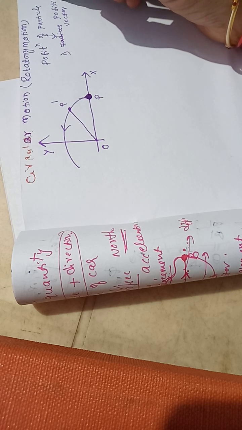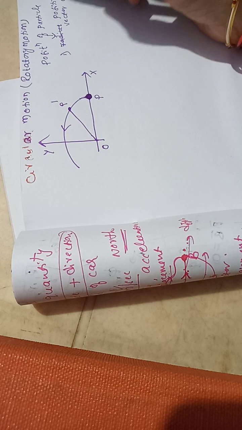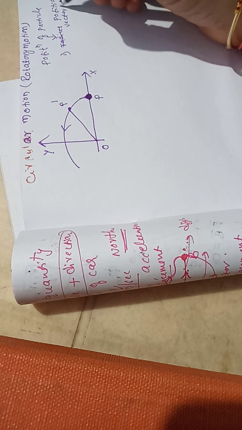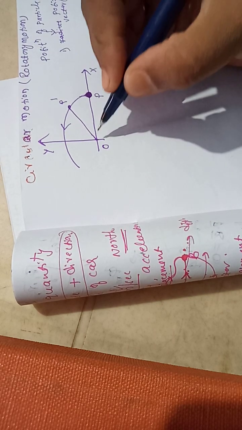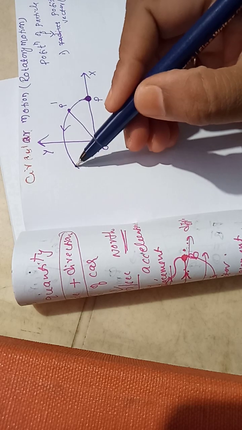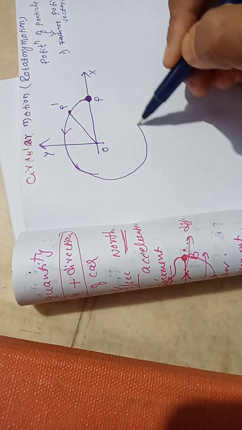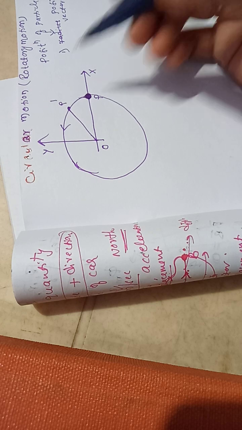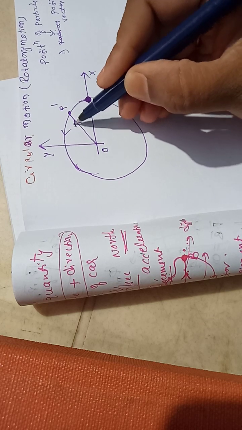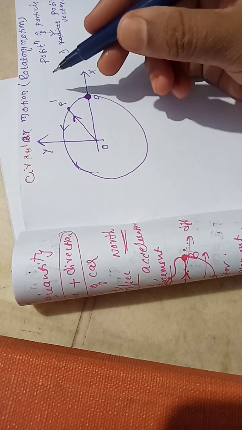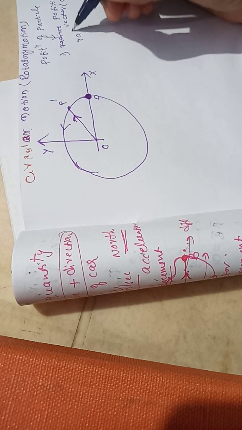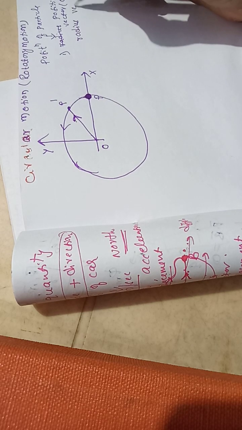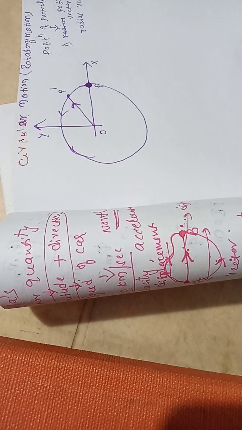The distance of the particle from the origin to its position, OP dash. Now if we complete this, it comes in the form of a circle. So OP dash we can also call the radius vector.